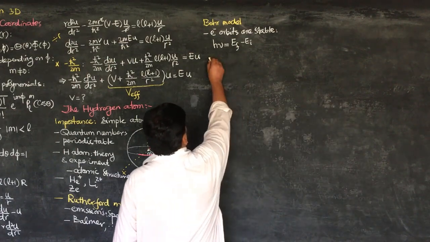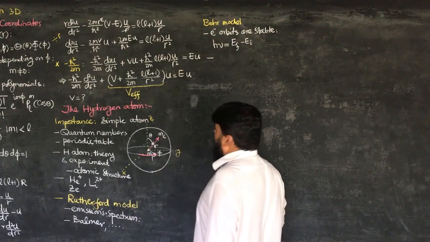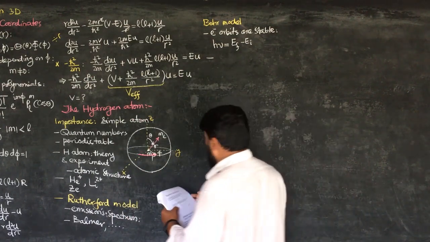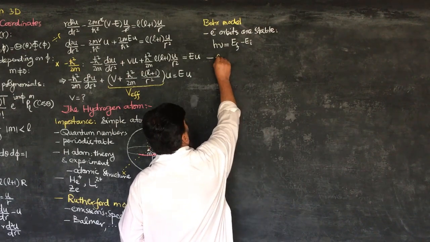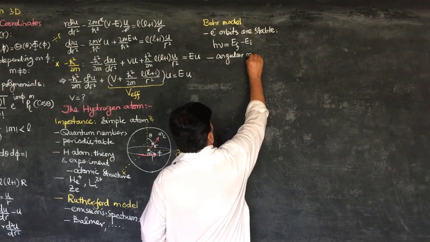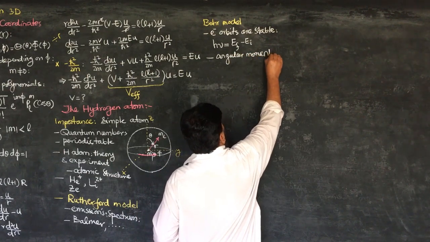And how the electron will decide in which orbit it has to move, this decision is based on the angular momentum of the electron.